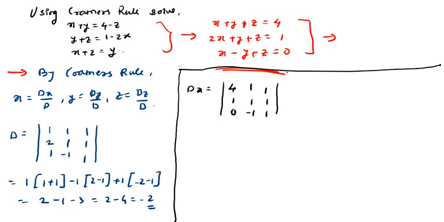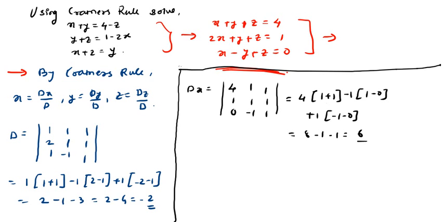So this will be 4 into 1 plus 1, minus 1 into 1 minus 0, and plus 1 into minus 1 minus 0. So this will be 2 into 4, that is 8, minus 1 into 1 is minus 1, so this will be 6. Okay, this is 8.